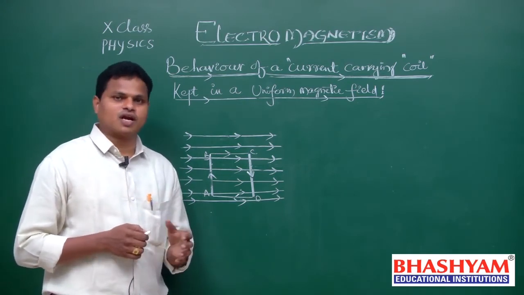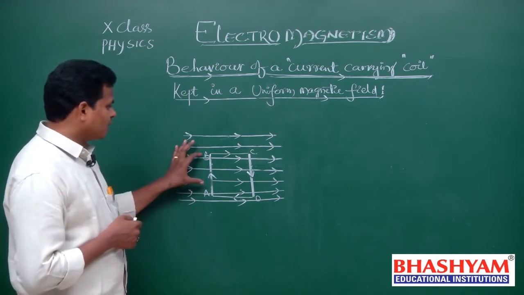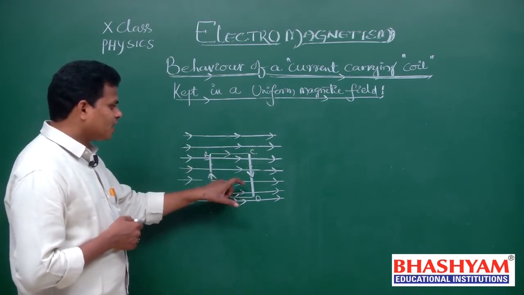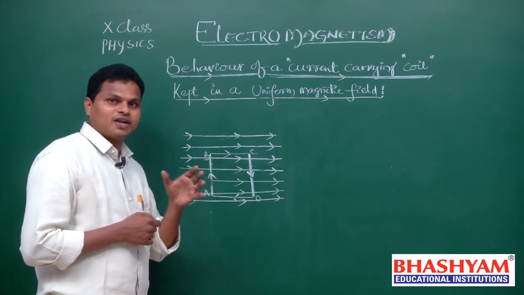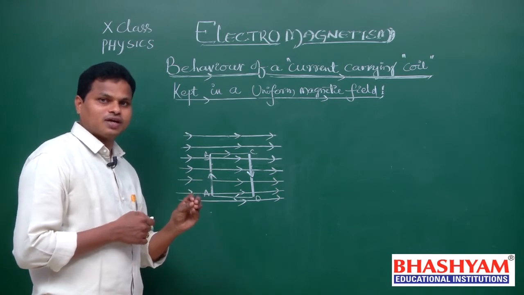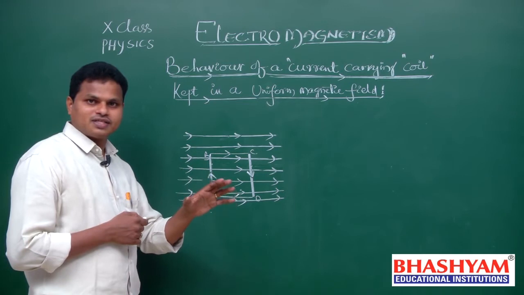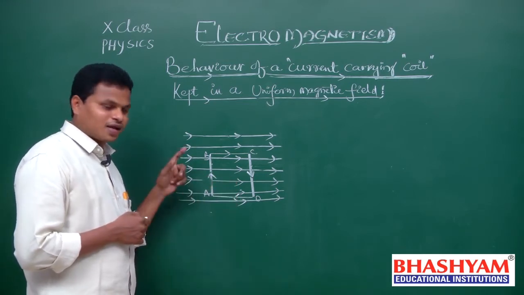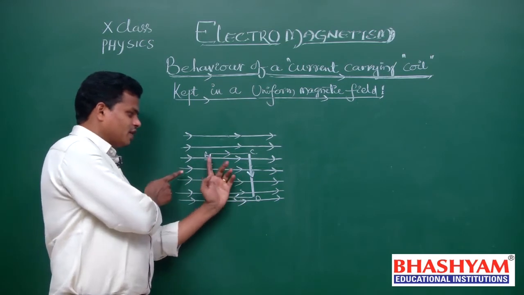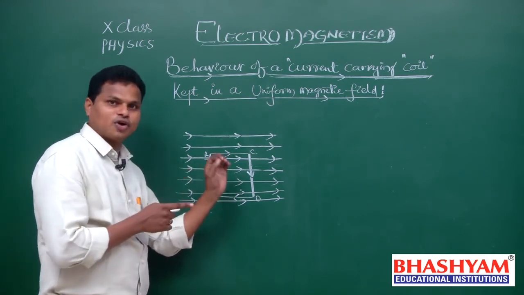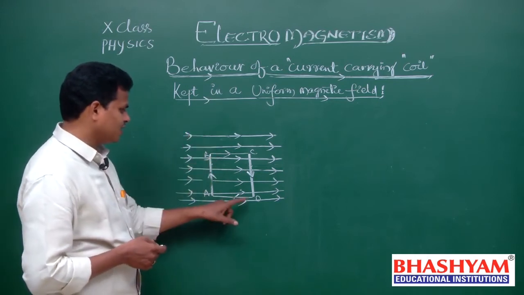First of all, arms AB and CD are perpendicular to the field, so a magnetic force acts on them. We know that when a current carrying wire is placed perpendicular to the field, a magnetic force acts on it. Here AB and CD are perpendicular to the field, that's why a force acts on them. Now what about arms BC and DA?